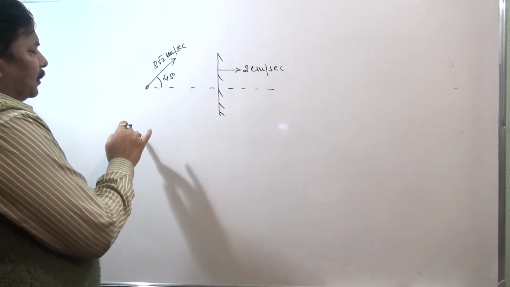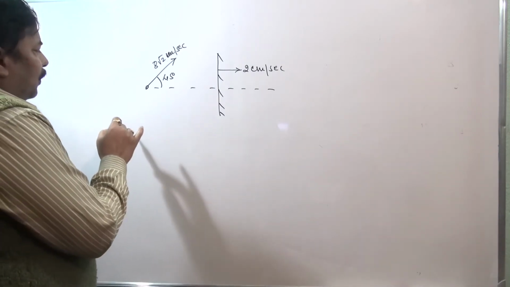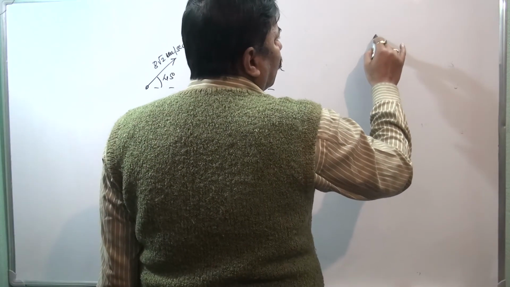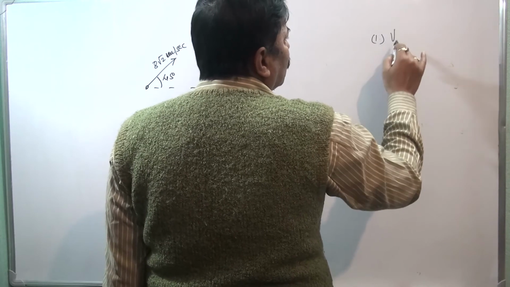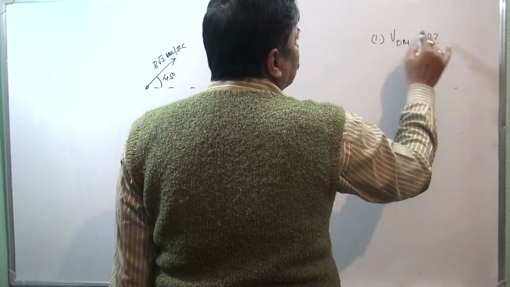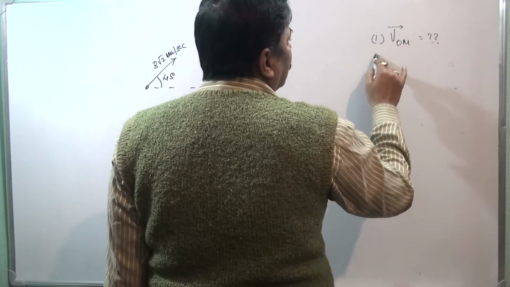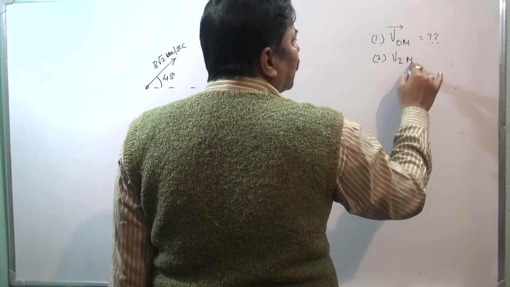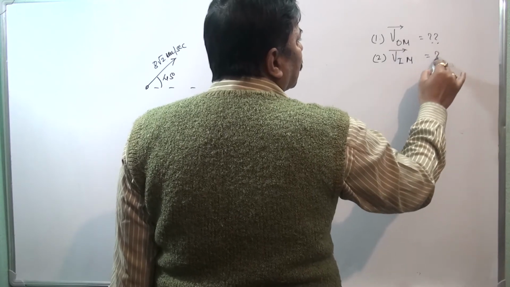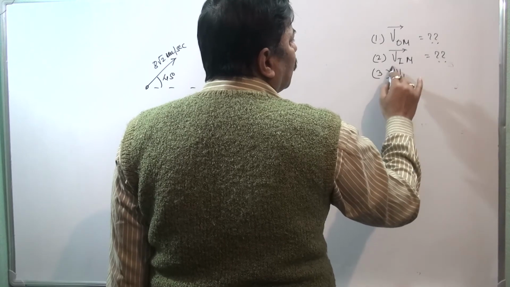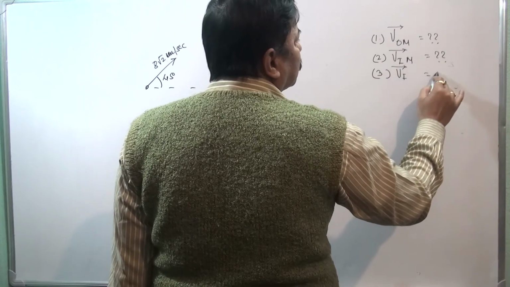First you have to find the velocity of object with respect to mirror. Second, the velocity of image with respect to mirror. Third, the velocity of image with respect to ground.